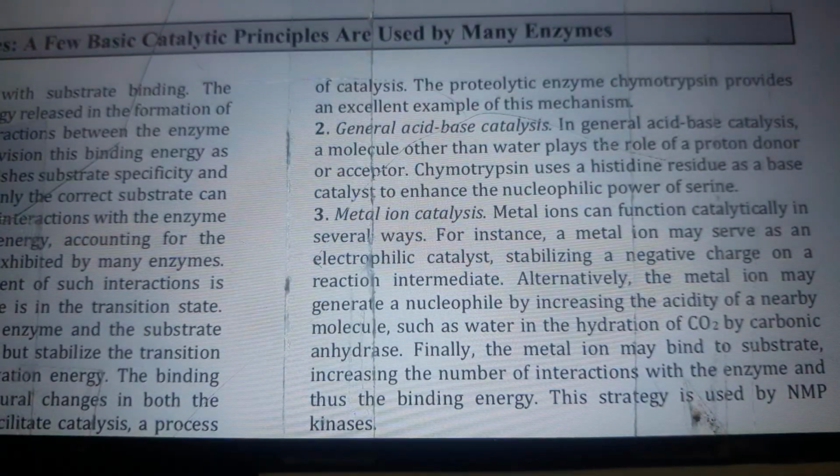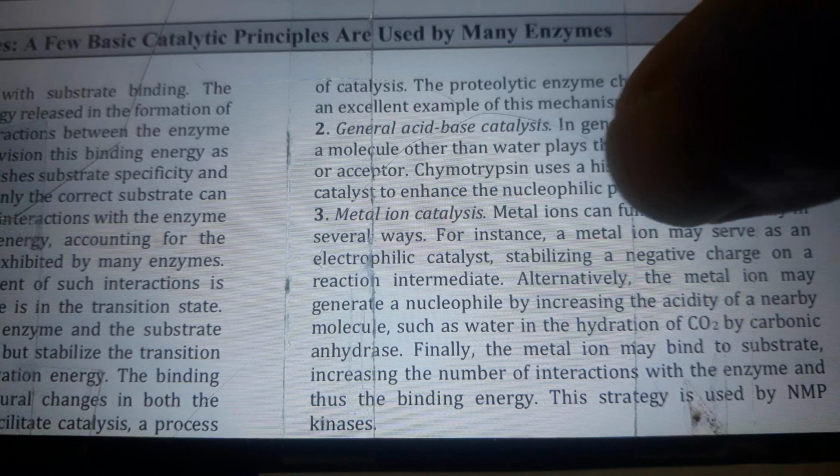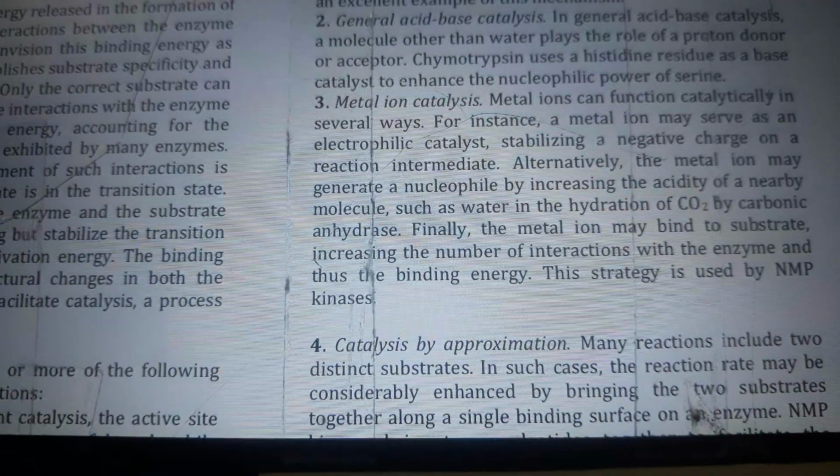The proteolytic enzyme chymotrypsin provides an excellent example of this mechanism. General acid-base catalysis. In general acid-base catalysis, a molecule other than water plays the role of a proton donor or acceptor. Chymotrypsin uses a histidine residue as a base catalyst to enhance the nucleophilic power of serine.